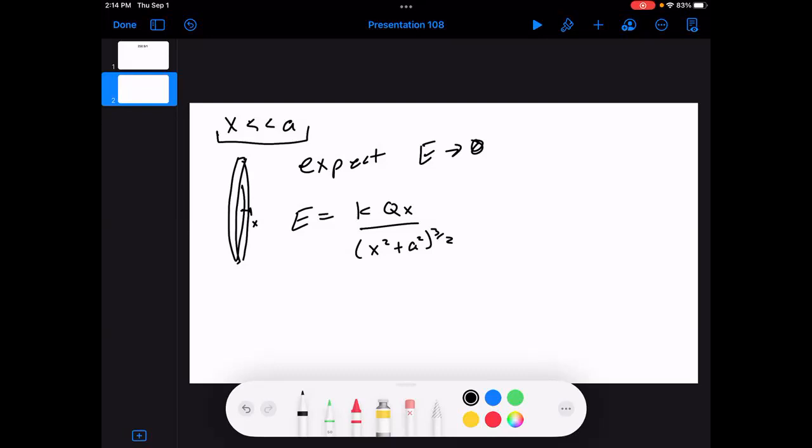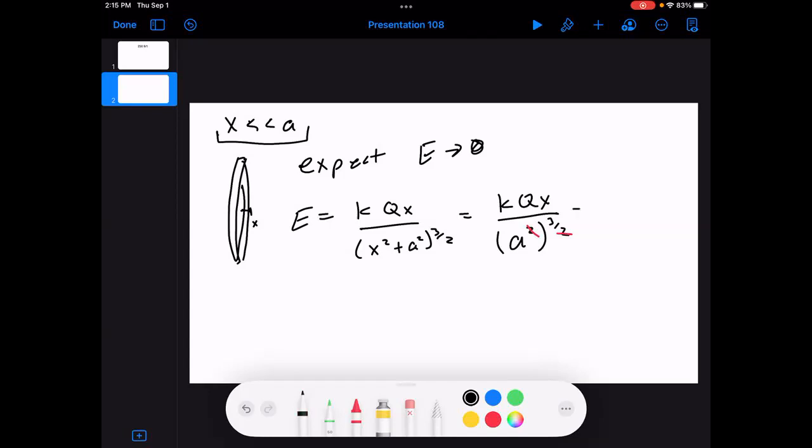Just A squared, right? Because if X is so much smaller than A, adding X squared to A squared won't really affect the overall sum. So this is really A squared to the 3/2. And what is A squared to the 3/2? A cubed. Excellent. So I'm going to cancel those twos out.